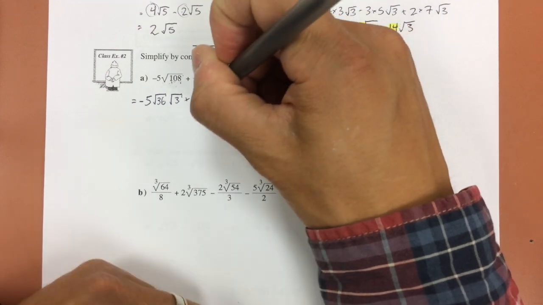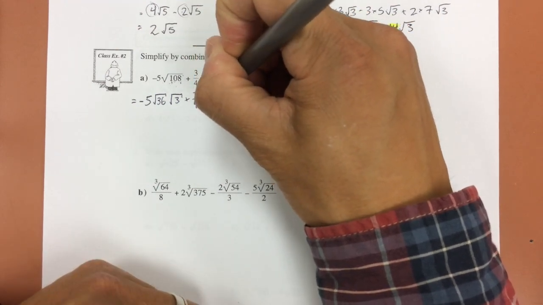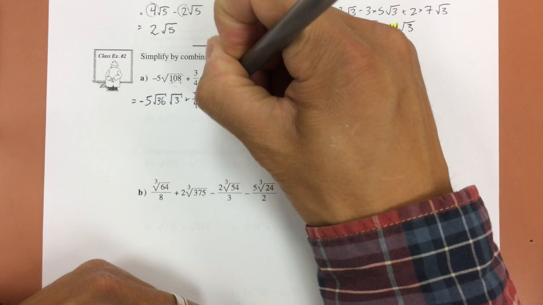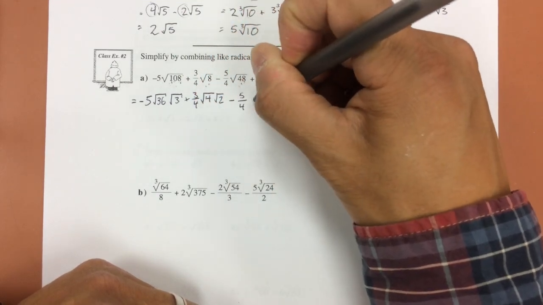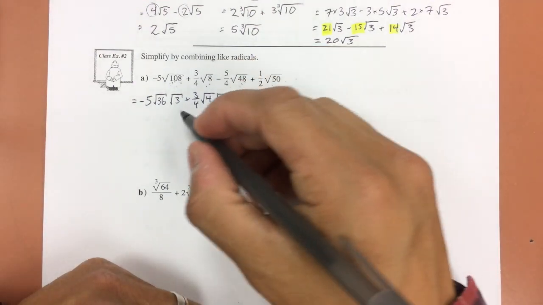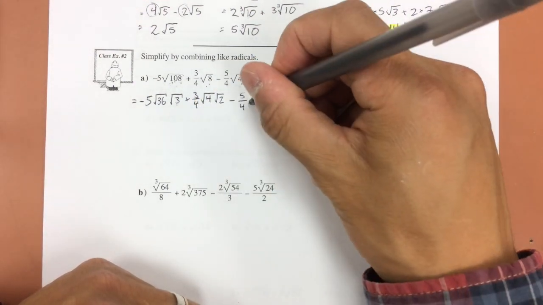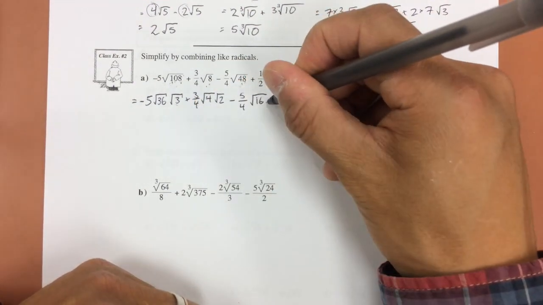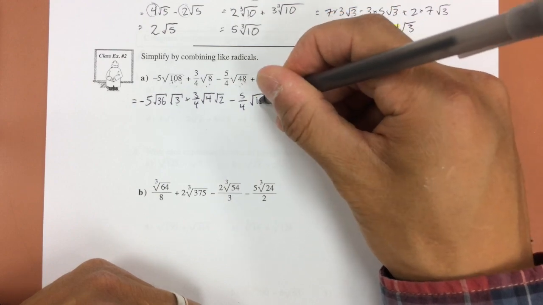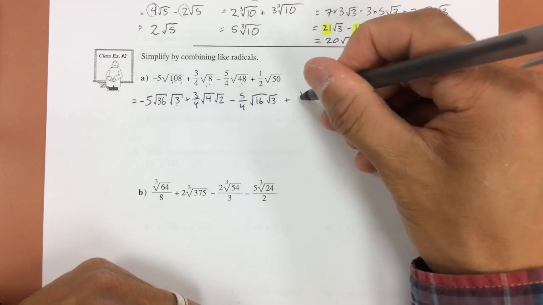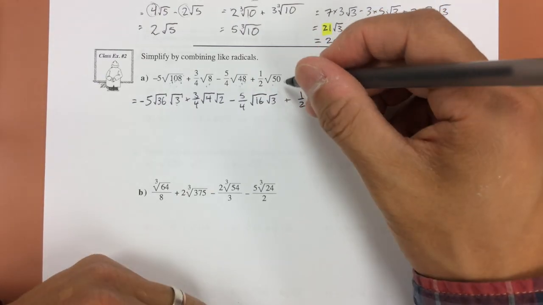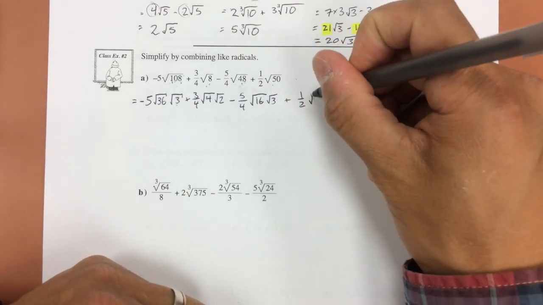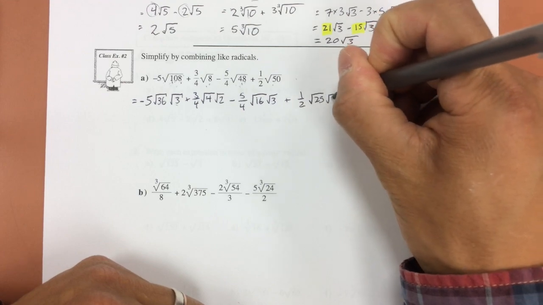Well, I know that 8 can be broken up into square root of 4 times square root of 2, minus 5/4. 48 I know is also divisible by 3, 16 times. So square root of 16 times 3, since 16 times 3 is 48, plus 1/2. And 3 will not go into 50 evenly, but 2 will, and it goes in 25 times, so 25 times 2.